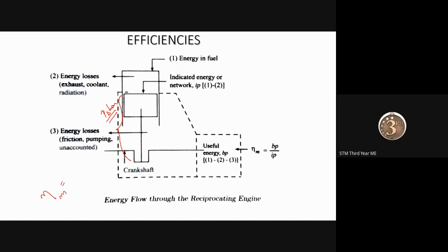Mechanical efficiency means the input power to the piston will be the indicated power, right? Yes, sir. From that indicated power, energy will be lost in the form of friction and other variables. So there will be a loss in power, which we define as the frictional power. Then after those losses, the crankshaft will get a power known as brake power.